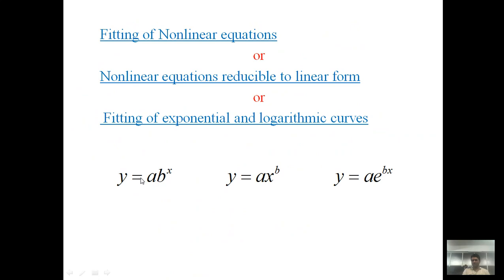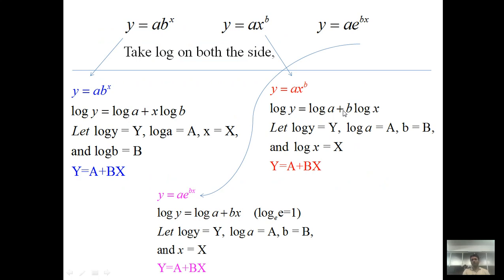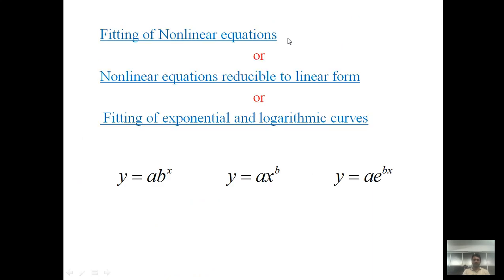Now in the first form the power is x, in the second form the power is b, and in the third form the power is bx. That's why it's known as exponential, because something is in the power. Why is it also known as the logarithmic curve? Because our original form is any of these categories, but our aim is to convert this nonlinear equation to a linear form by applying some transformation.